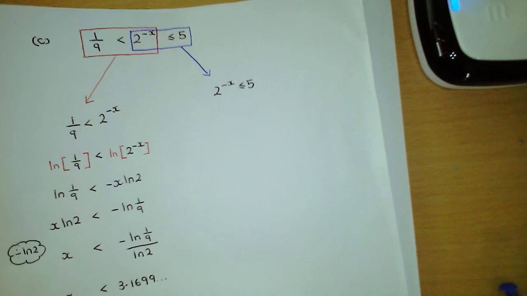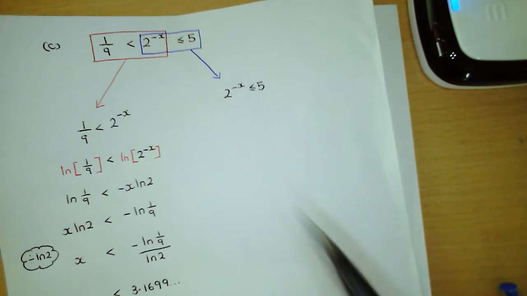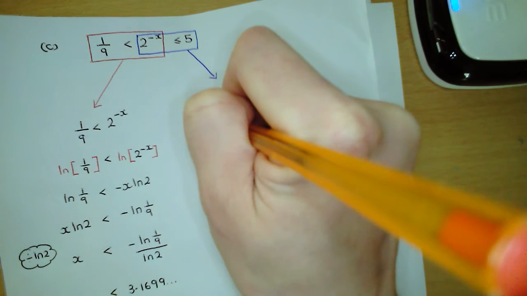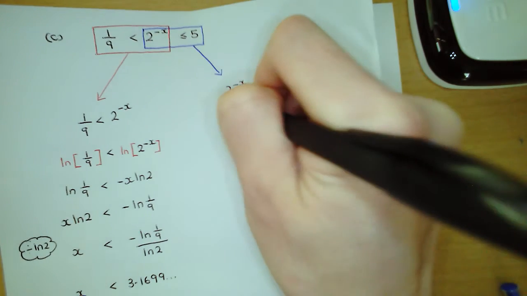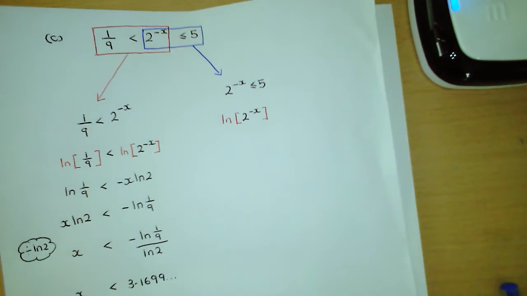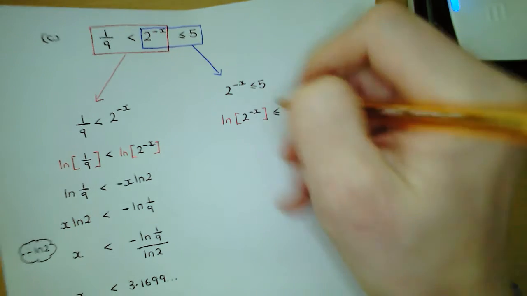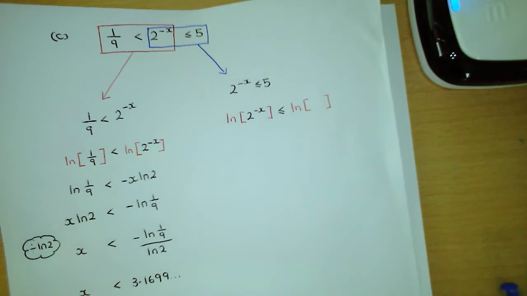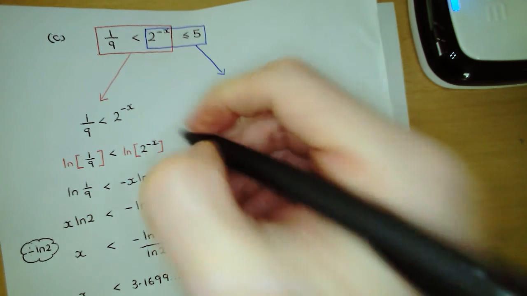Okay, and then what we're going to do is solve the second separate inequality. Same idea, going to take natural log of both sides. Again, make the power the coefficient of the log.